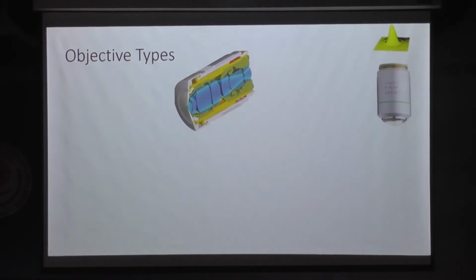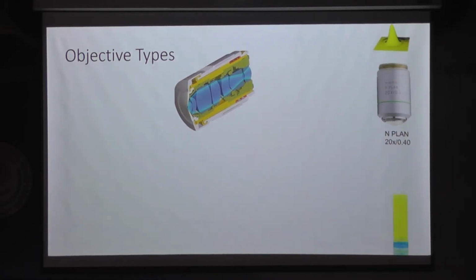So what is an objective, and what are objective types? An objective is nothing but multiple glass components inside, placed in such a way that the capability of the microscope is achieved properly. If I am using this particular objective, you can see this is the Airy disc, it is a little broader toward the bottom.